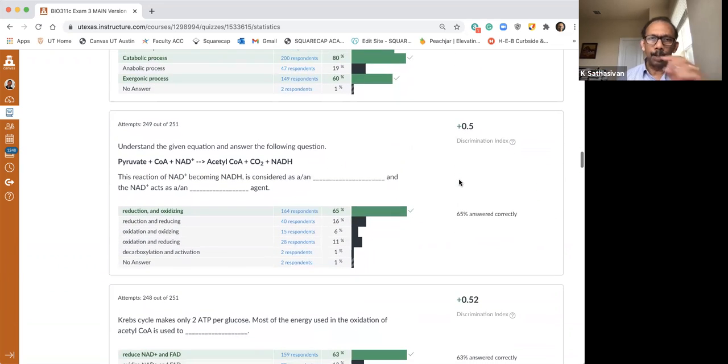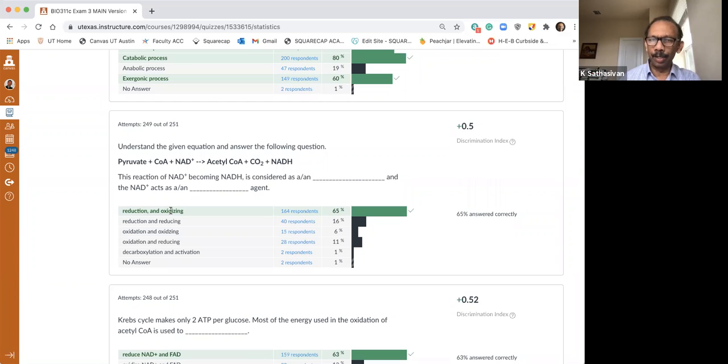Understand the equation and answer the following question. The reaction of NAD plus becoming NADH is gaining hydrogen, which is a reduction. And NAD plus is removing hydrogen from some other molecule like the food XH2 or RH2, and that is acting as an oxidizing agent.